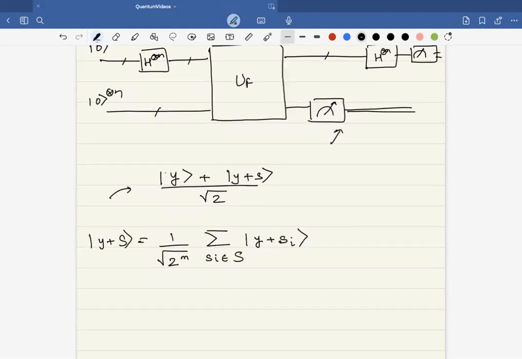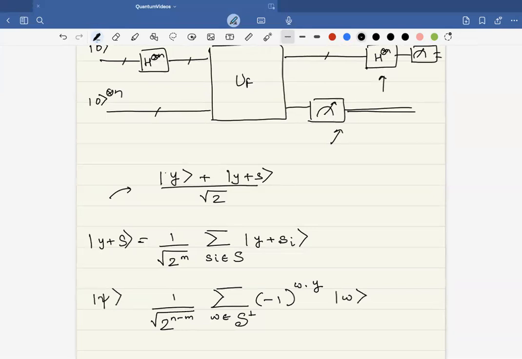And then when you apply the Hadamard tensor n after that, our vector will change to 1 over square root of 2 power n minus m, summation over w belonging to S perp, of minus 1 to the power w dot y, and then |w>. So this will be the state at the end.